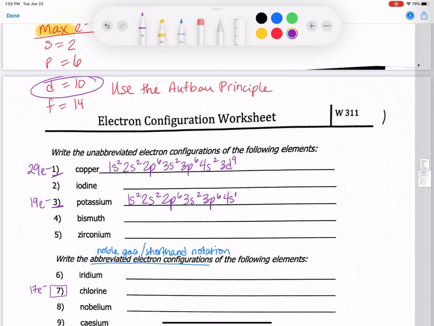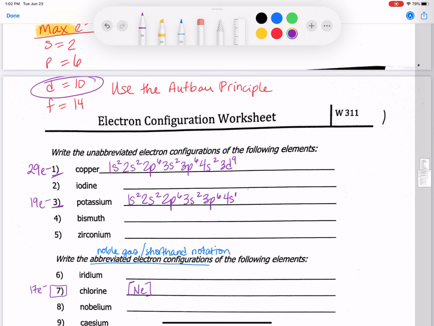So what you want to do for noble gas configuration is go to the noble gas that occurred before chlorine. Find the noble gas on the periodic table that occurs before chlorine, and that happens to be neon for this particular element.